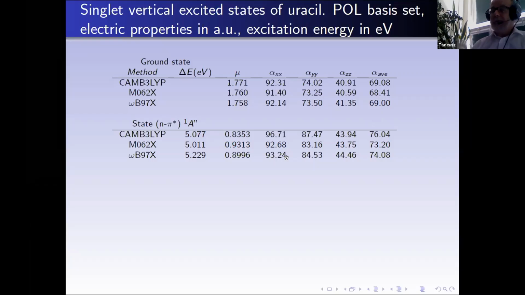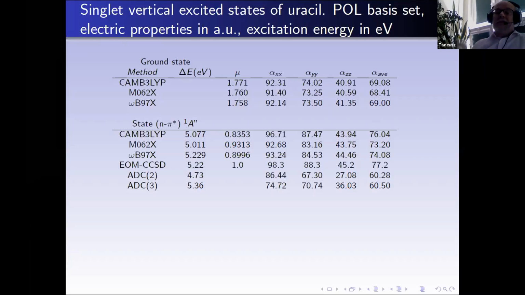They are close together. So how do we compare to the benchmark calculations? First, here we compare to the coupled cluster calculations of Krylov, and we see that we are in very good agreement for the dipole moment, and even probably better agreement for the polarizability. Now, this agreement is surprisingly good.